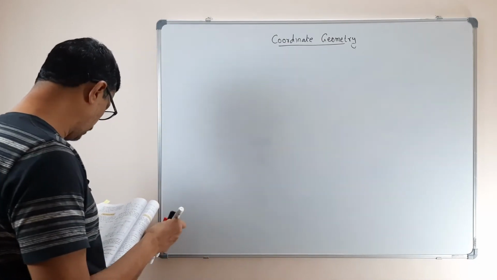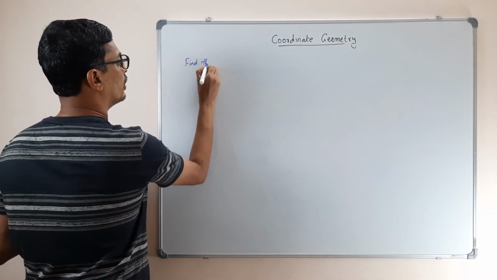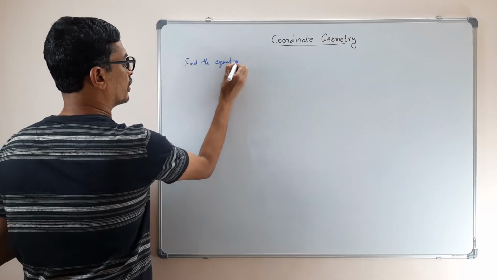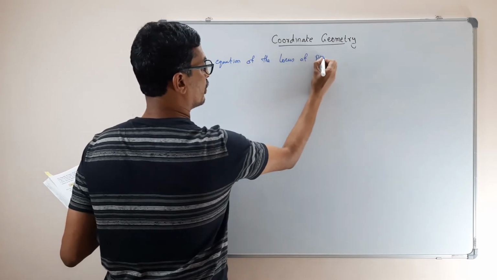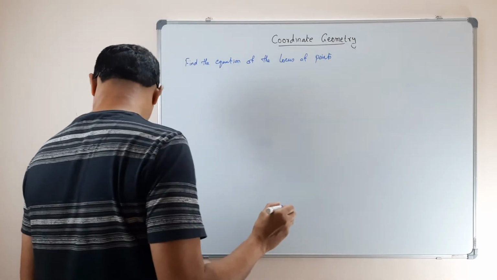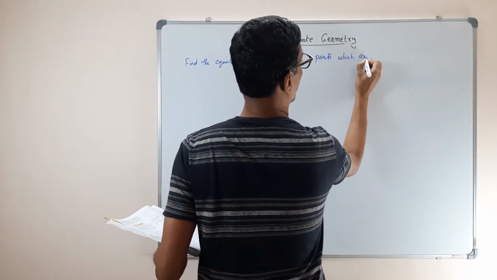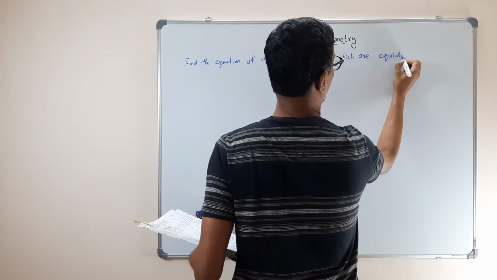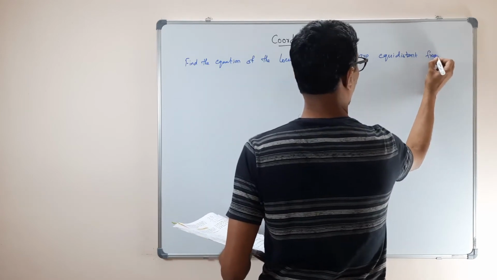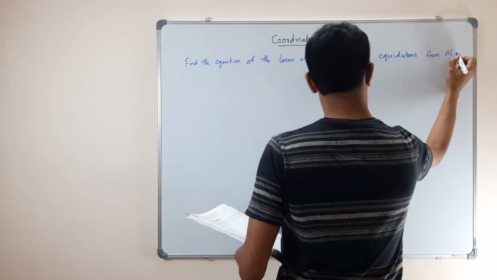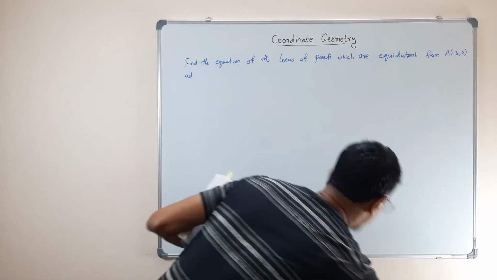So let's find the equation of the locus of points which are equidistant from A, which is minus 3 comma 0, and B, which is 3 comma 0.